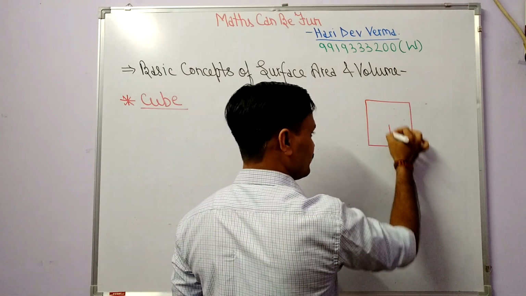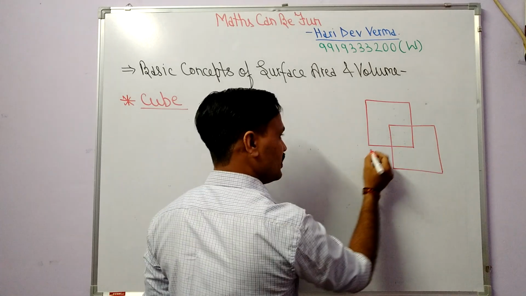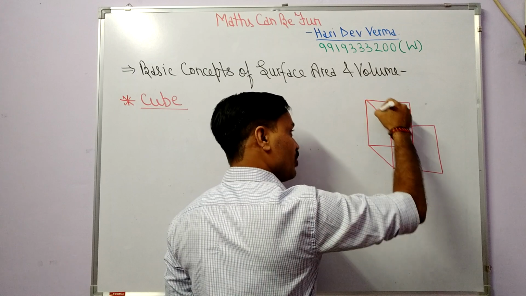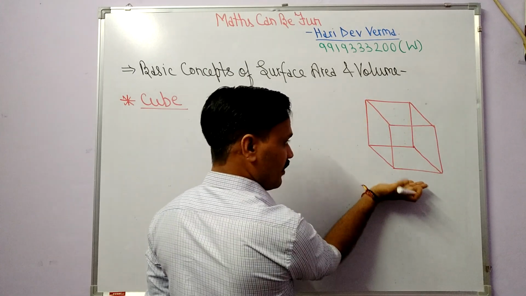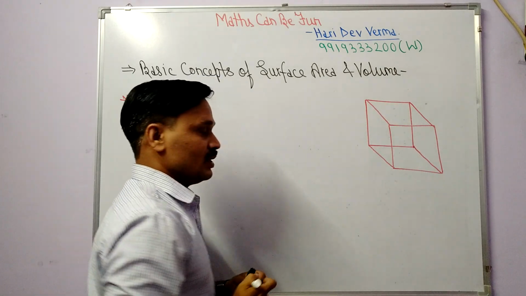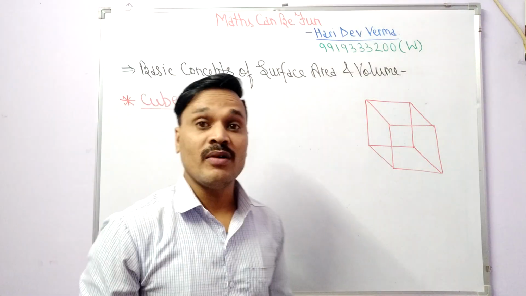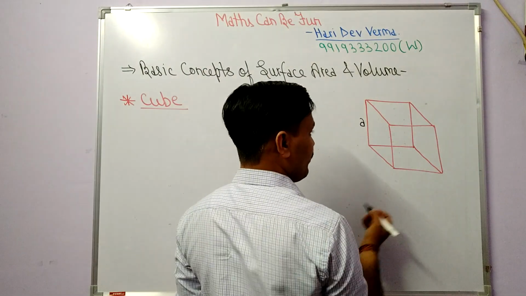One square, 2 squares, 3 squares, 4 squares, and the fifth one is base and the sixth one is top. As we know, the side of a square is equal, say a.